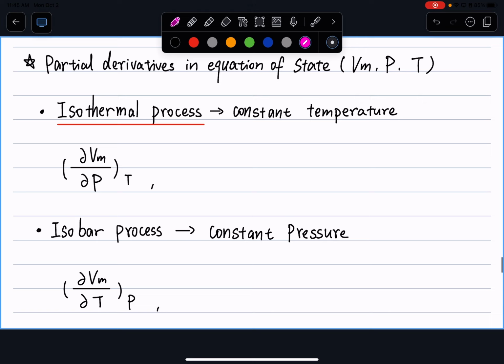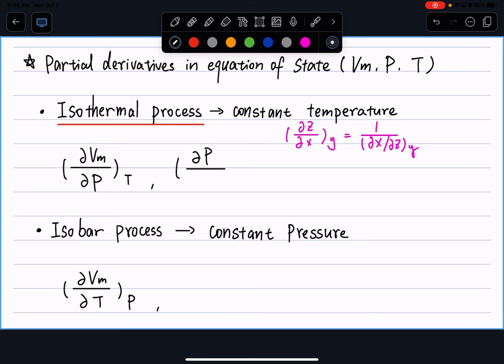And using the relationship here, remember in calculus, we have the partial derivative of z over x at constant y equals 1 over the partial derivative of x over z at constant y. So we can write this relationship as a pair.